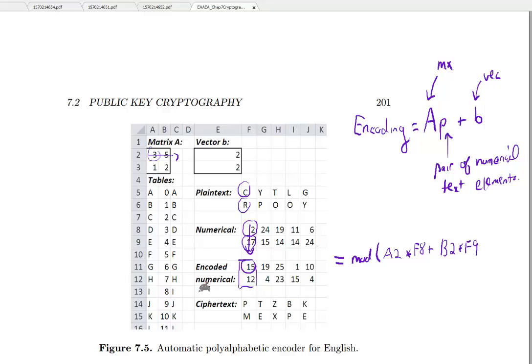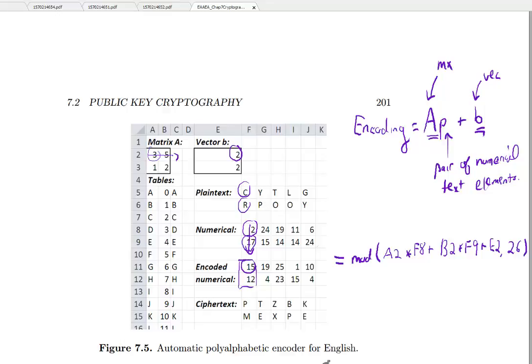And that's going to give me the first entry of my AP. Right. I also have to add the B. Where's the B? Well, the first entry of the B is right here. It's plus E2, and that's mod 26. All right, so that's going to give me my first entry.